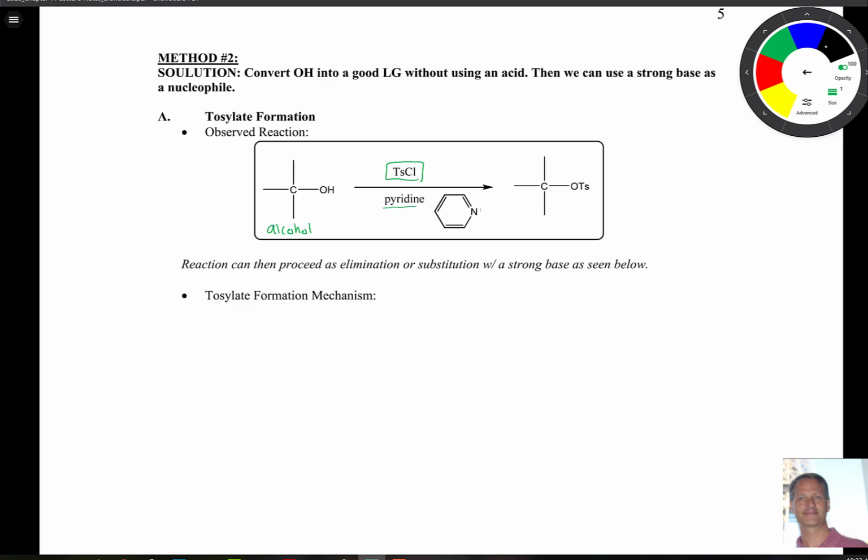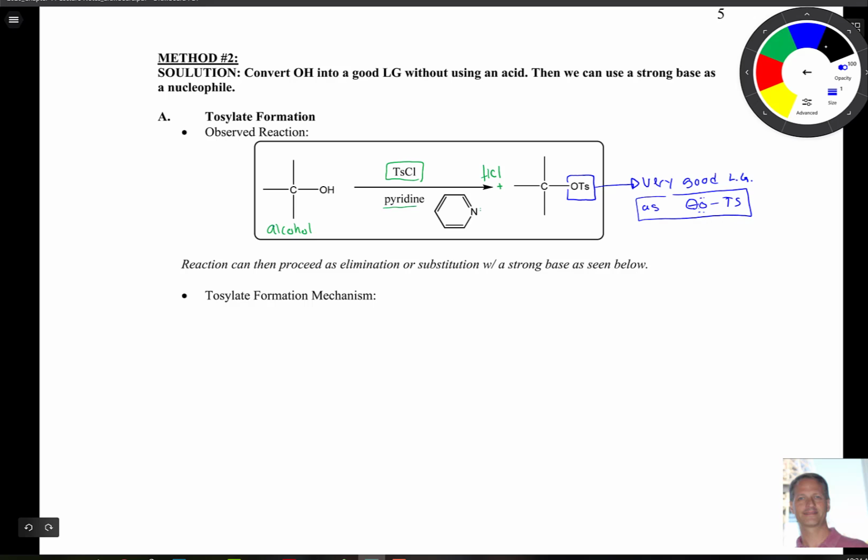And what we make in the end is, so we get HCl there plus this compound. And here's the thing that I want to just point out to you. This guy right here, that simply is a very good leaving group. Right? And it leaves as an OTs with a minus charge right there. Okay?